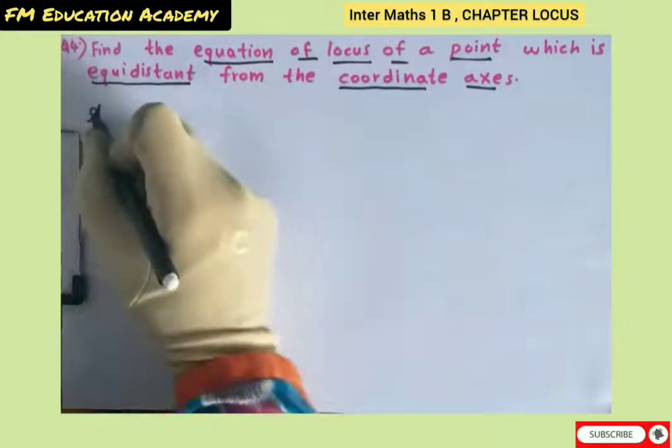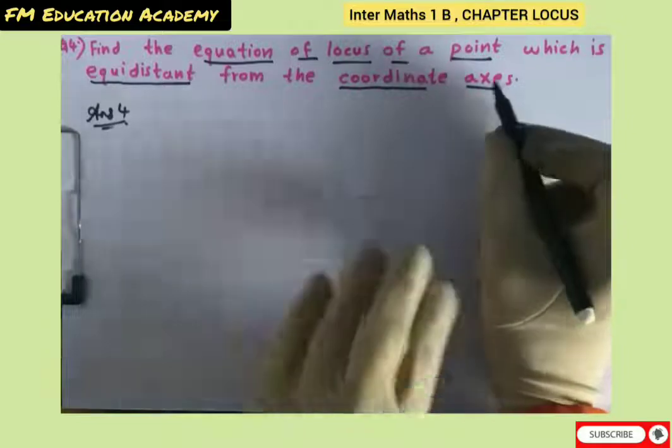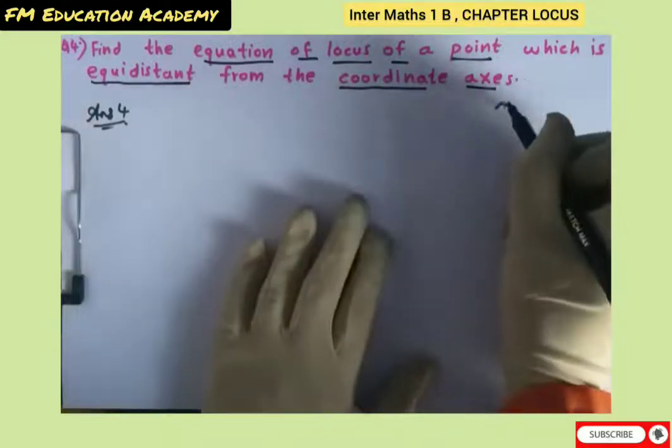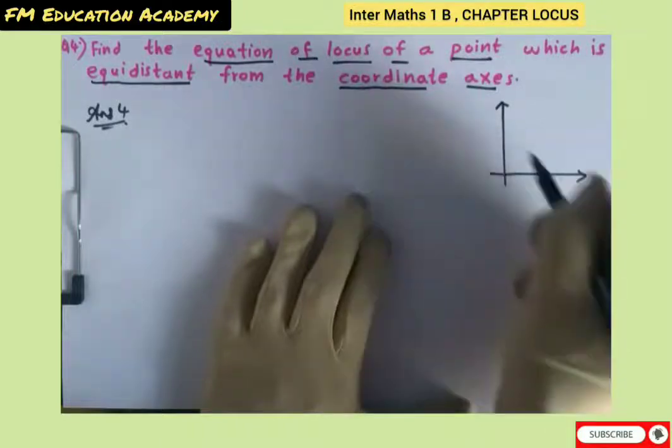So answer 4. From the question we get to know, what is coordinate axis? Axis means it is plural. Coordinate axis consists of x-axis and y-axis in a plane.